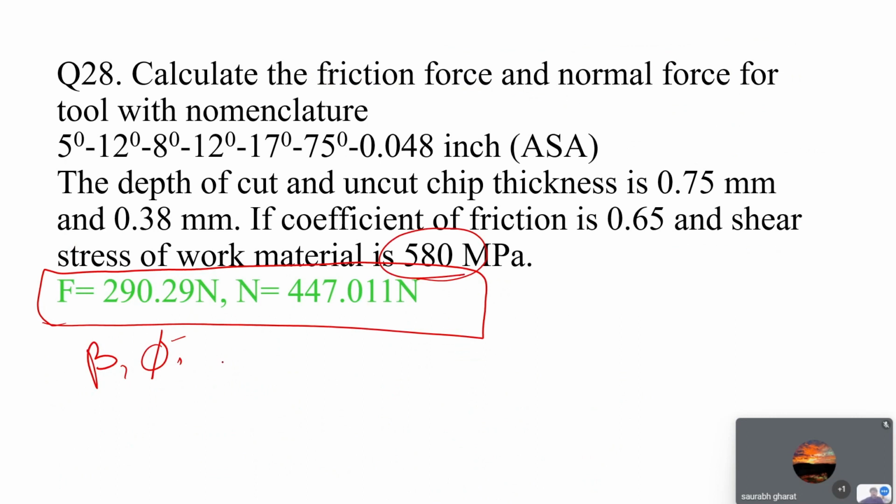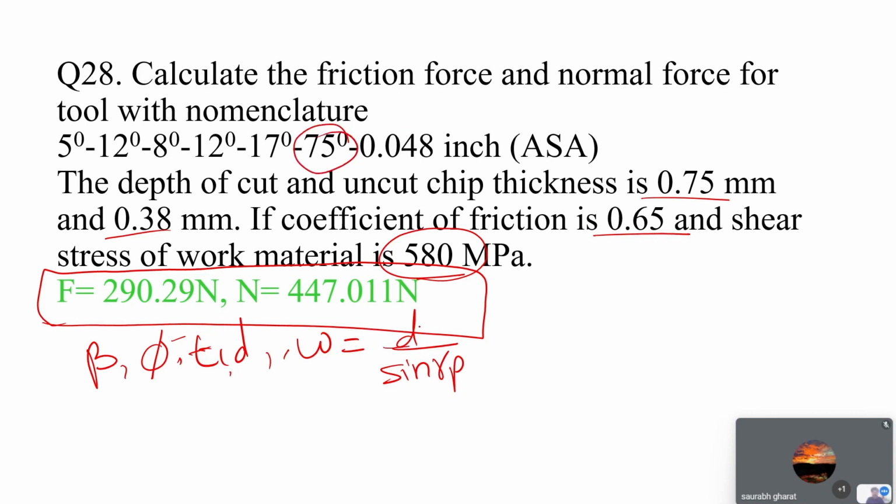From Ts, what can we calculate? We have our coefficient of friction, we have thickness t1 and D, which gives us our area. That is not actually area, but from D you can calculate what we need, W into t, the width. Width is equal to D by sine of gamma P, the principal cutting edge angle, which is mentioned there as 75.